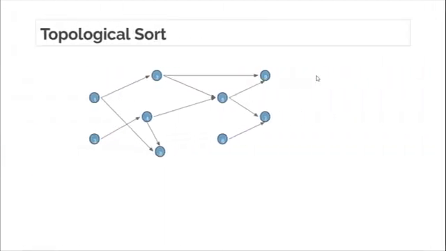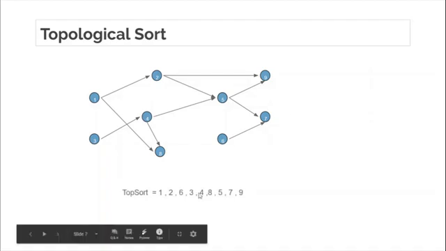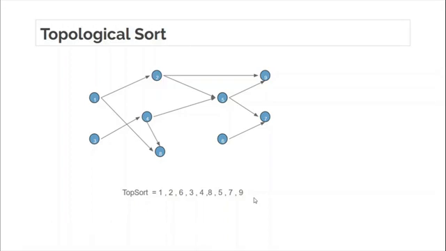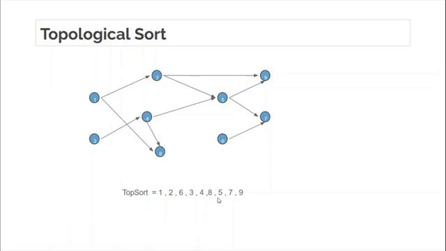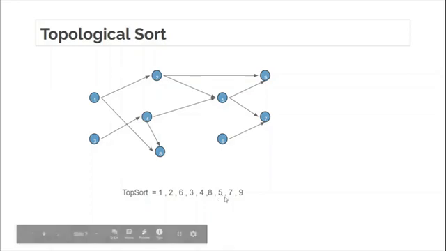One of the valid topological orderings for the same graph can be this: first you complete 1, and then 2, and then 6, 3, 4, 8, 5, 7 and 9. If you see, for each process, all of its dependencies appear before it, which means we have to complete them first before starting this.